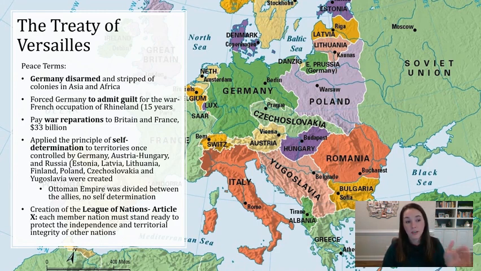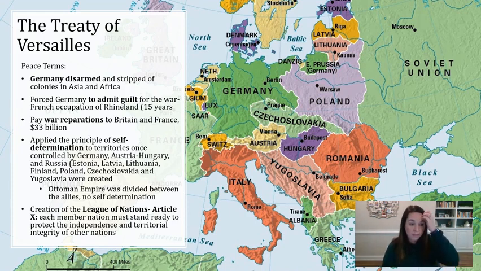And when you look at the effects that the peace terms are going to have on the people of Germany, and the poverty and the superinflation, economic depression, it's going to create a vacuum of hostility and resentment towards the Allied powers, which is why the treaty is probably considered one of the causes of what happened in Germany, the rise of Hitler, which is going to lead to World War II. So while Wilson was trying to orchestrate a peace treaty that was a war to end all wars, in reality, what came out was a war that was going to lead to another war.